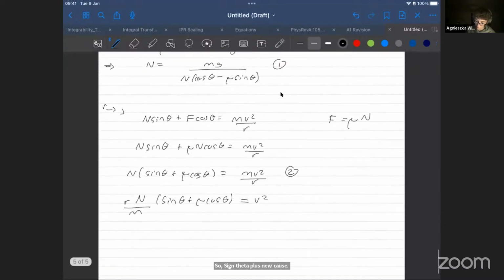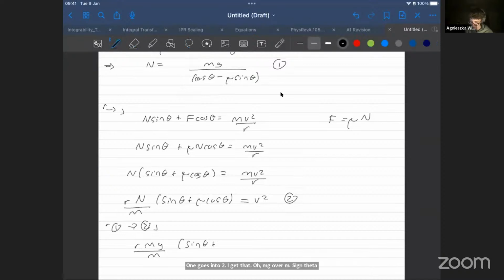So if I plug expression 1 into this expression, so 1 goes into 2, I get r g over m times (sine theta plus mu cos theta) over (cos theta minus mu sine theta) is equal to v squared.